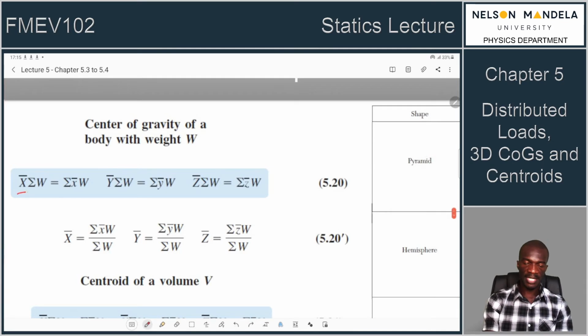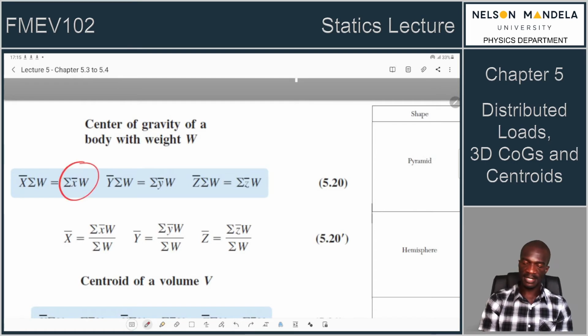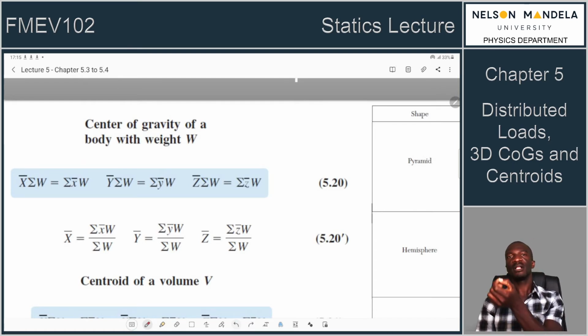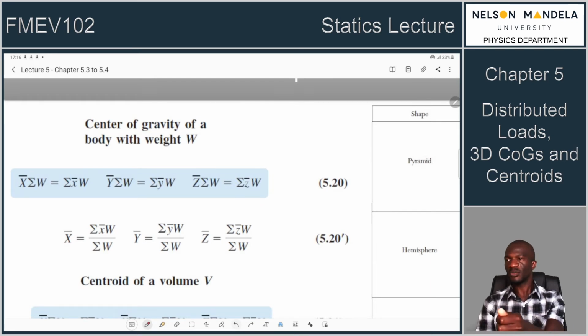So x bar multiplied by the big W, which is the sum of all your W's, is equal to the summation of the individual moments of the weights that make up the rigid body. We look at the x direction, then the y and the z directions separately. That's equation 5.20.